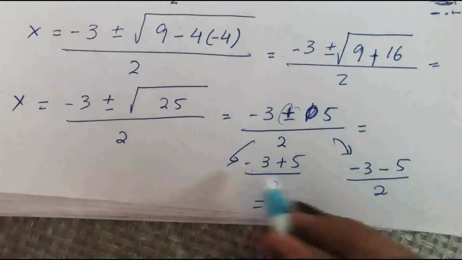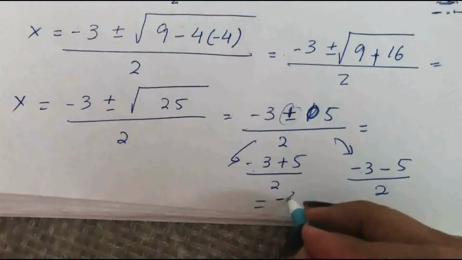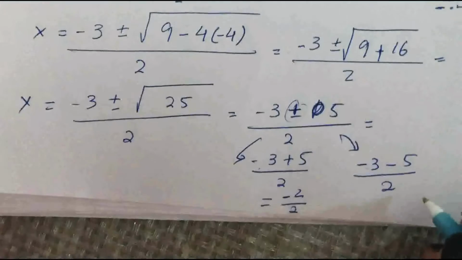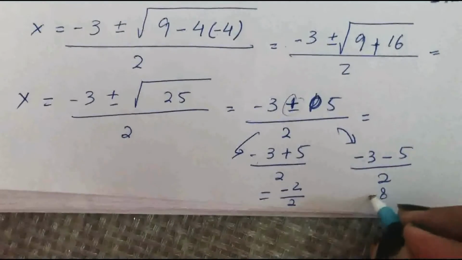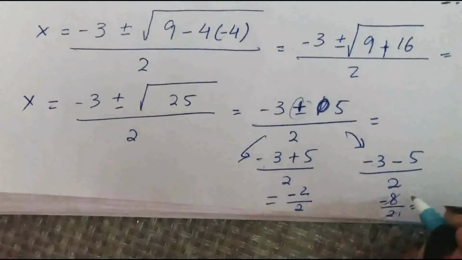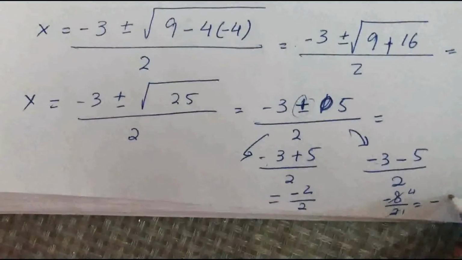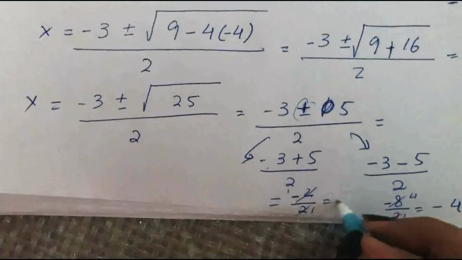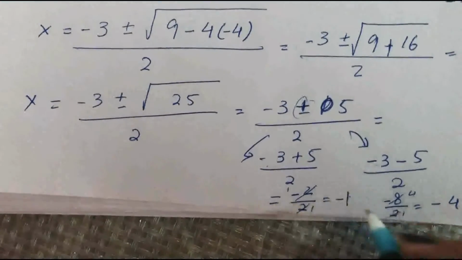So minus 3 plus 5 gives us 2 divided by 2, and minus 3 minus 5 gives us negative 8 divided by 2.